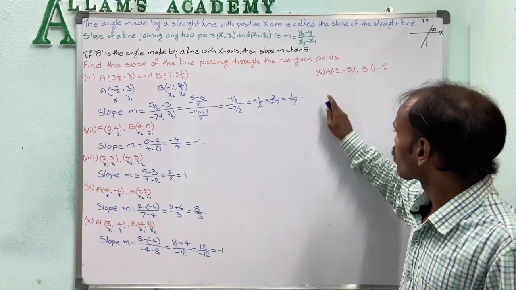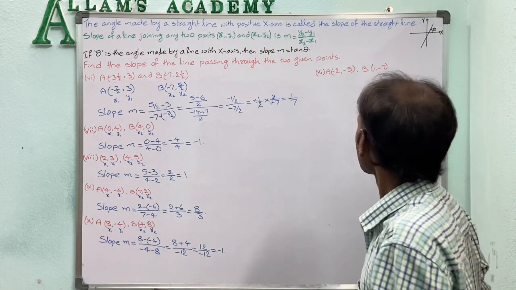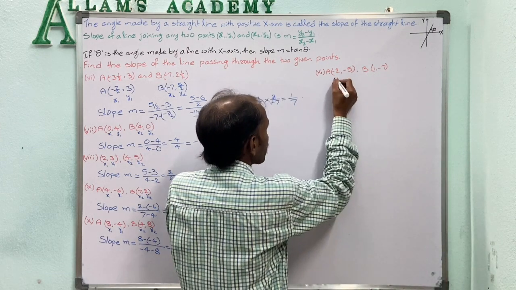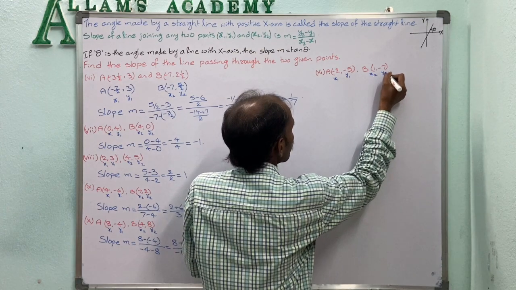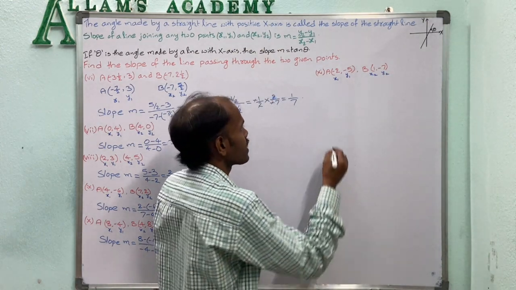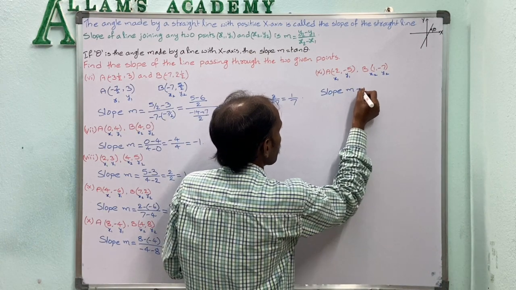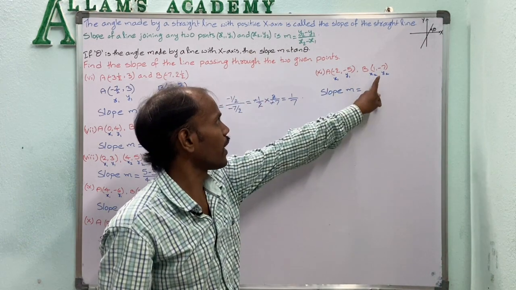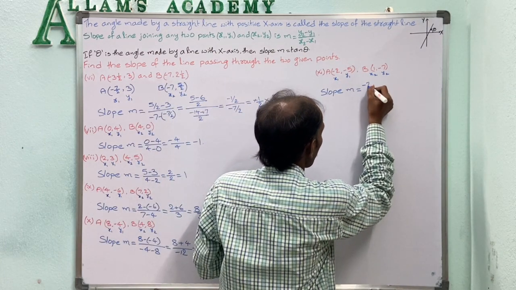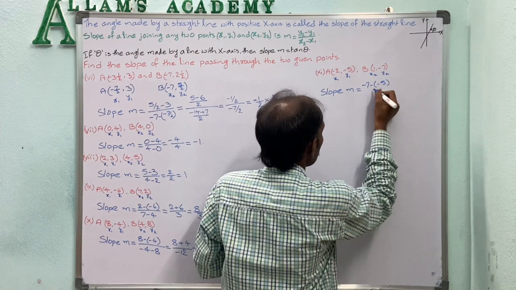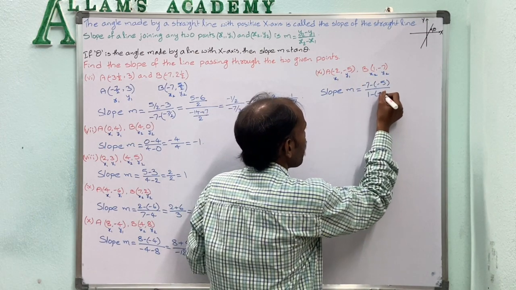Now finding the slope for the points A of minus 2, minus 5, B of 1, minus 7. So here x1, y1 coordinates are minus 2, minus 5 and x2, y2 coordinates are 1, minus 7. So the slope m is equal to y2 minus y1 by x2 minus x1. So here y2 equal to minus 7 and y1 equal to minus 5. So minus 7 minus minus 5 by x2 minus x1, 1 minus minus 2.